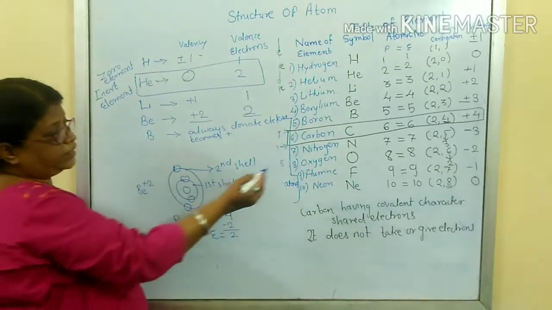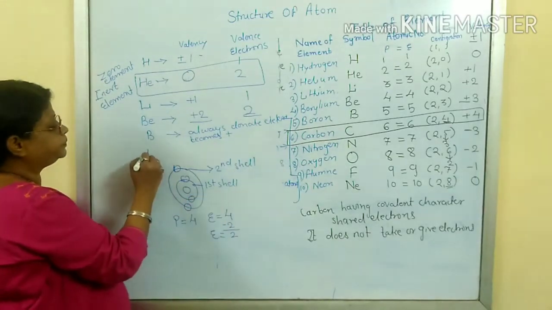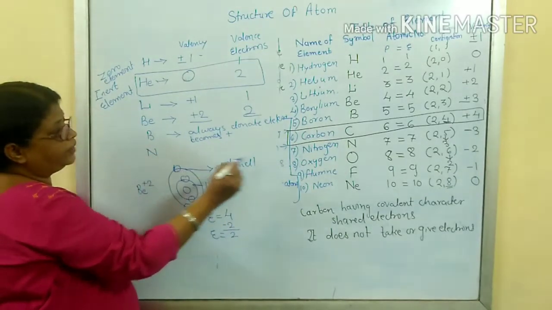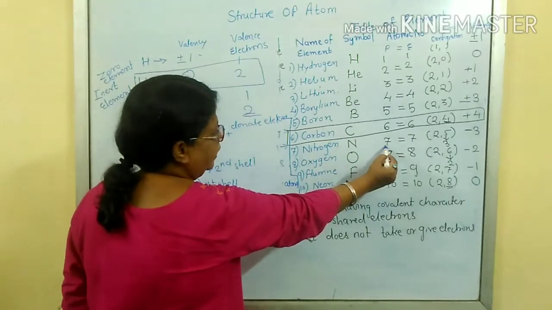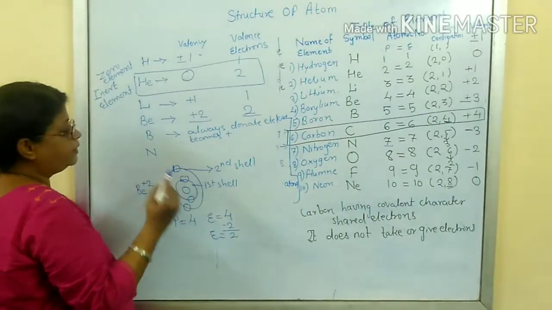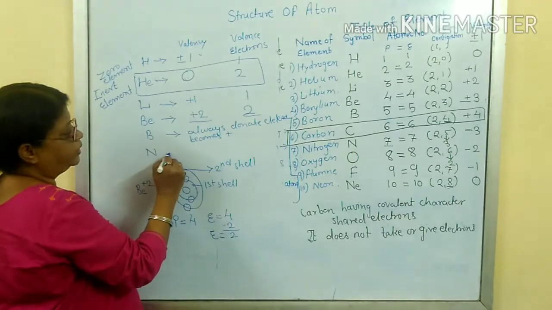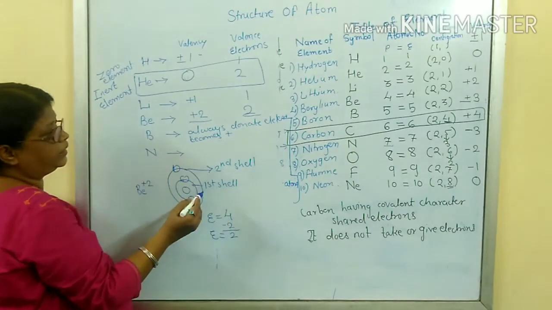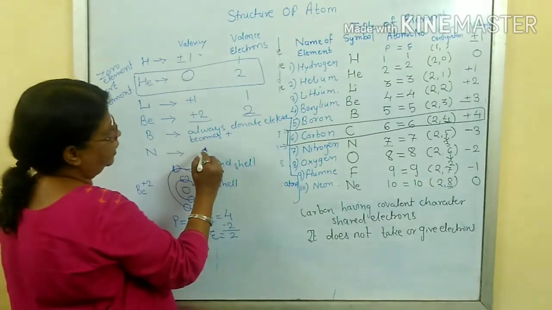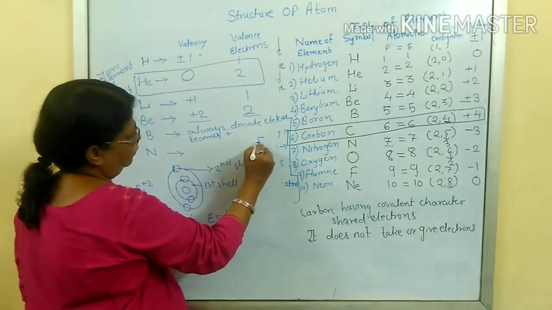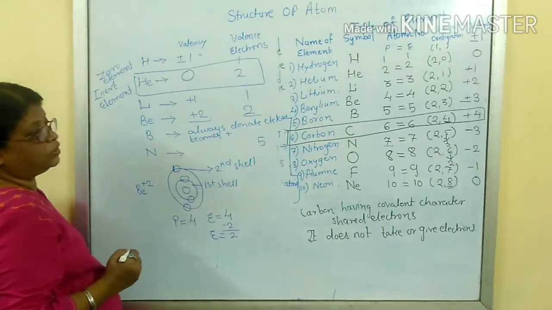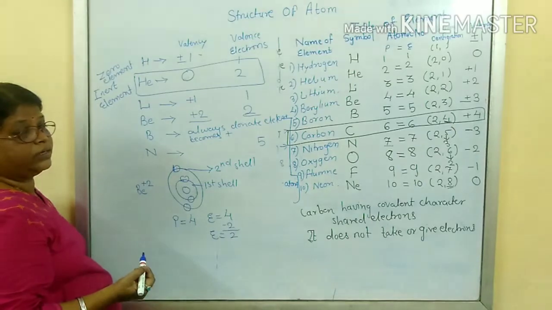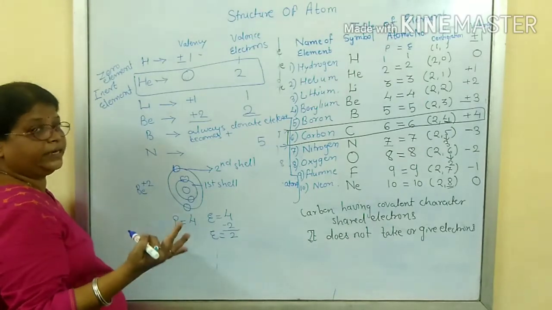Now we can see nitrogen. It has atomic number 7. In the outermost shell it has 5 electrons, so 5 valence electrons. So how many electrons do they want? They want 3 electrons.